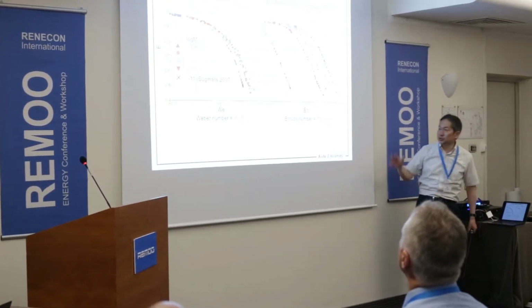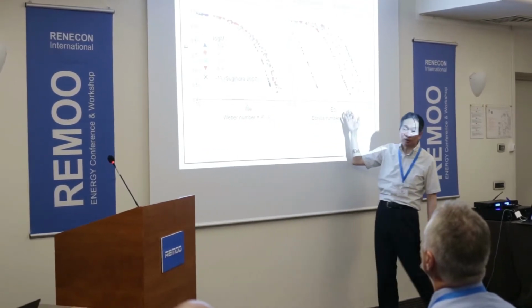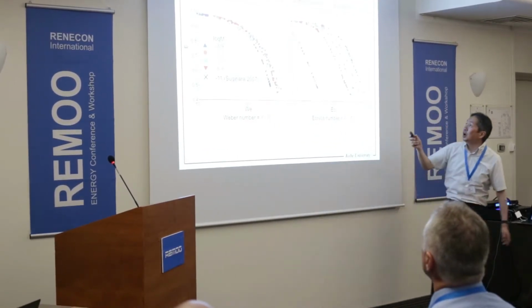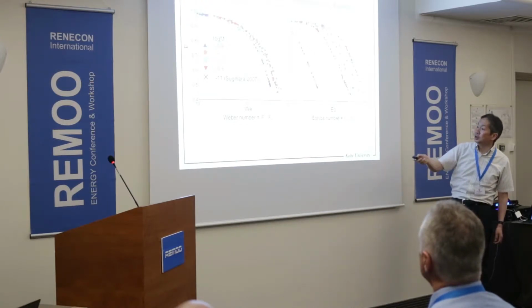But the standard available model usually uses the Weber number or Eötvös number, which is the ratio of the buoyancy force to the surface tension, and the Weber number is the ratio of the inertial force to the surface tension force.